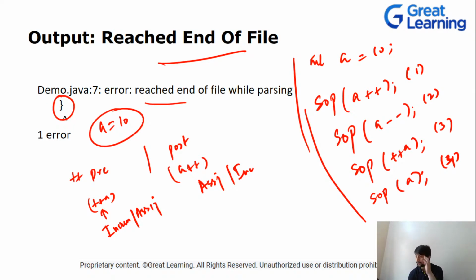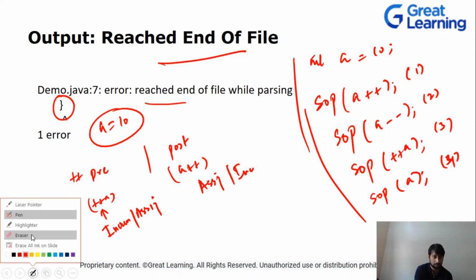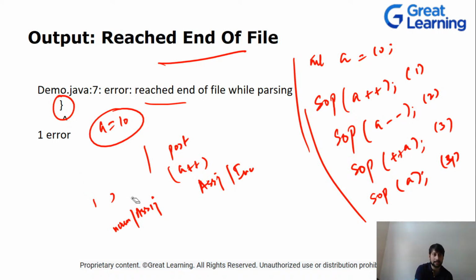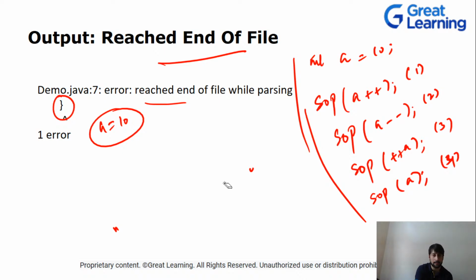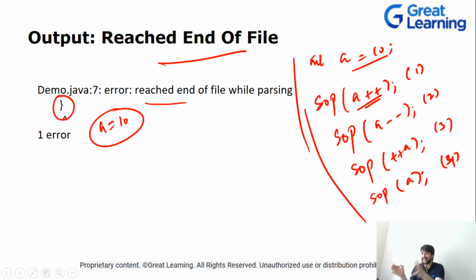Okay, cool. So now let's try to solve this over here. I will try to explain this problem and then we will conclude this session. We have 10, and a plus plus means post increment: first assign the value, so 10 is assigned, and in the next step it is incremented, so a will be 11.